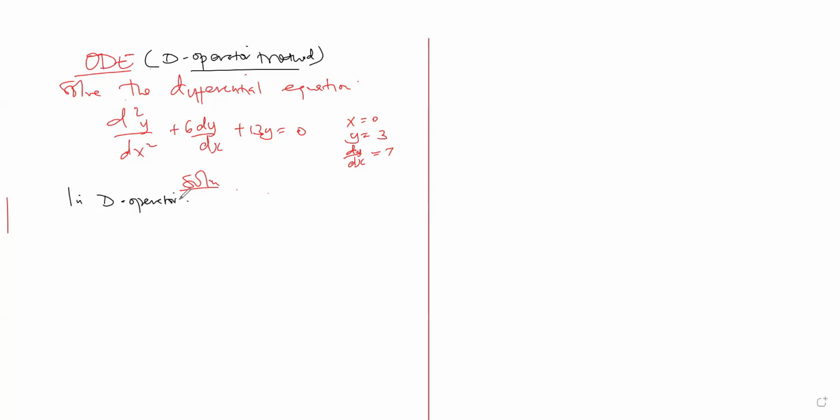The second derivative is represented by d squared, the first is represented by d. So this part becomes d squared plus 6d plus 13, then you have your y outside, equals 0.